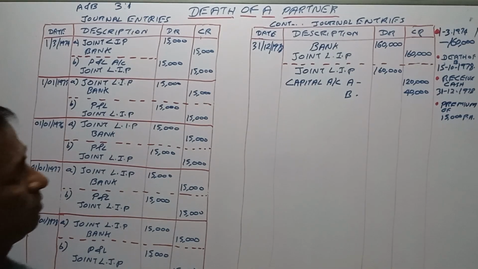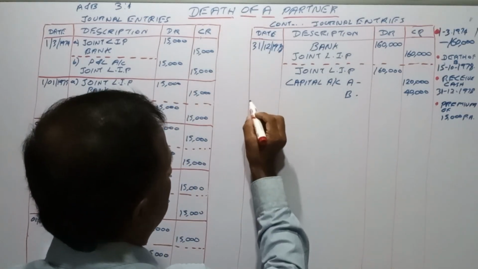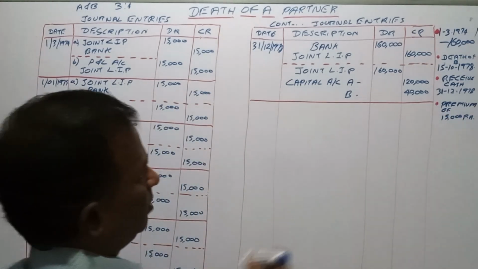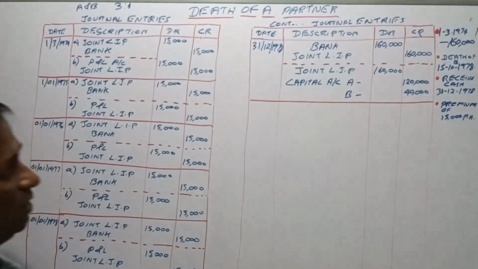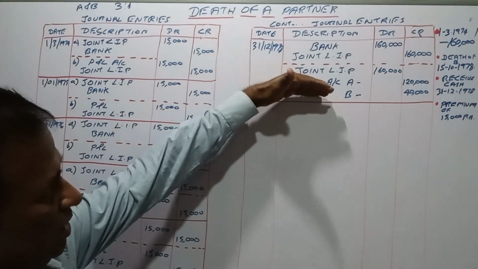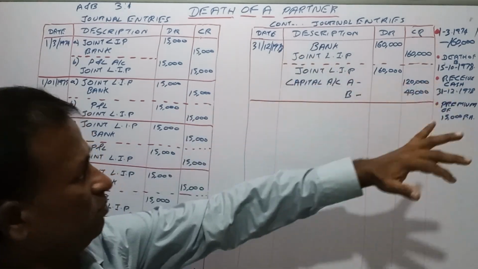It has been dispersed. We have settled his amount, even though he died, because of his death his portion is paid.